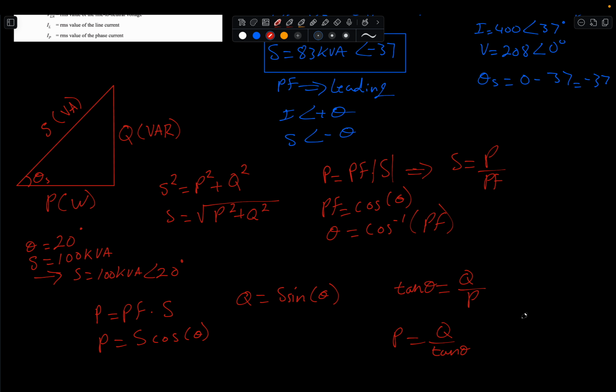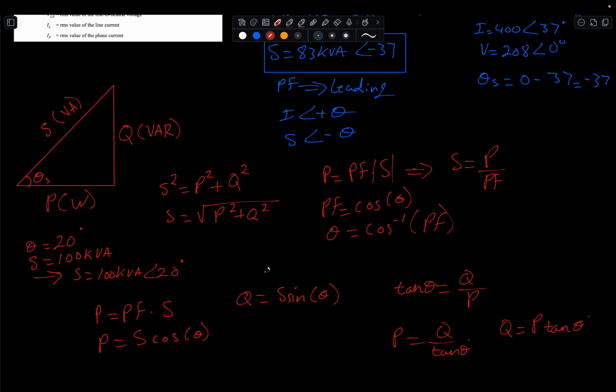Or the other way around, I know that Q is P tan theta. So just knowing those basic formulas in relationship to the right triangle, you can actually solve for the apparent power, the active power, and the reactive power.